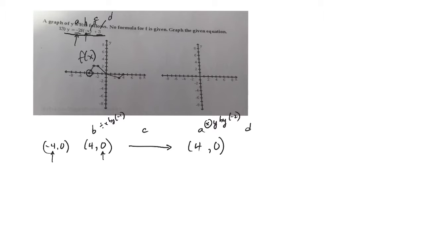And then the D value right here, it's moving up by 3, so I add 3 to all the Y values. So the X stays the same, 0 plus 3 is 3. So this point here on the new graph is going to be the point 4 and 3, right about there.